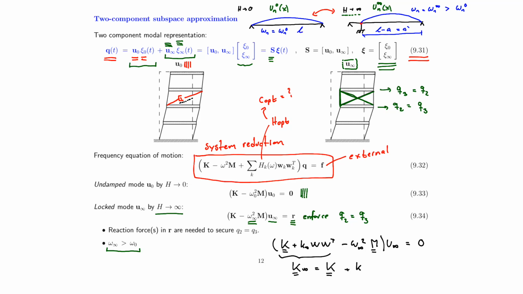So it's a fudging term that imposes what we refer to as a stiff spring. So this artificial spring stiffness is located exactly where the damper is located. So it makes this locking possible if K infinity is large enough.